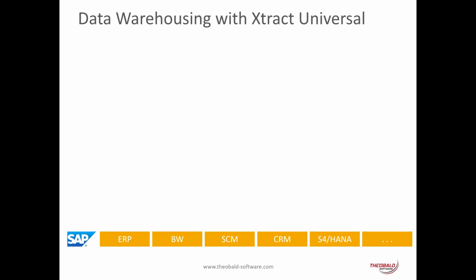That could be a supply chain management, SCM system, or a CRM system. And we also have S/4HANA in our list of supported SAP environments, as well as B/4HANA. And more and more this is becoming part of customers' roadmap. Perhaps they've already implemented them and are in production with them.